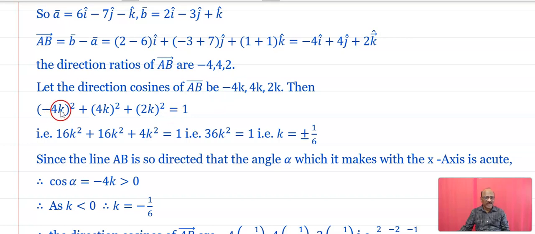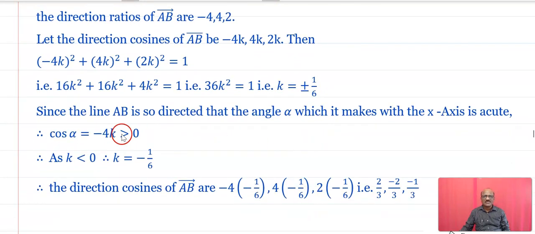Here we have 16k square plus 16k square plus 4k square equals 1. The total is 36k square equal to 1, and therefore k square is equal to 1 upon 36. Take the square root on both sides and you will get k equal to plus or minus 1 by 6.